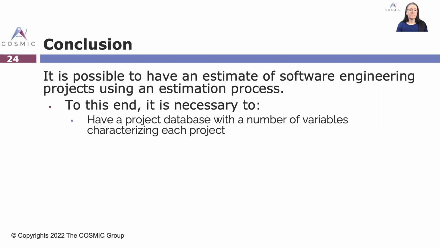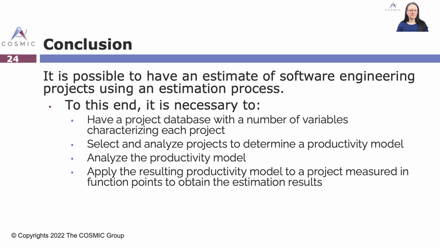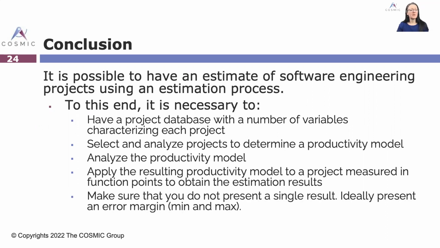We need to select and analyze projects to determine the productivity model based on these characteristics, analyze the productivity model so we can eliminate outliers and make sure that the data is of quality, and apply the resulting productivity model to the project that has been measured in function points to obtain the estimation results.